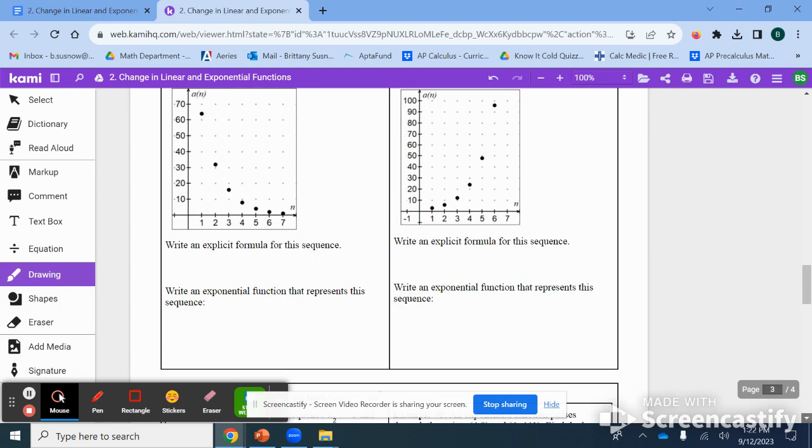So a sub n equals, and that one's with the common ratio, the r. So the sequence is 64, 32, and so on. So we start with 64. What is it being multiplied by? 1/2 to the n minus 1.